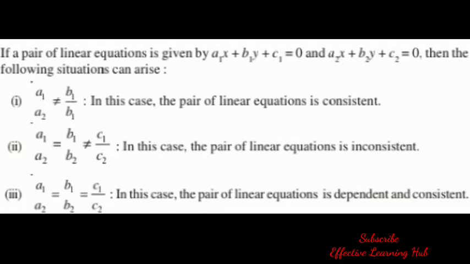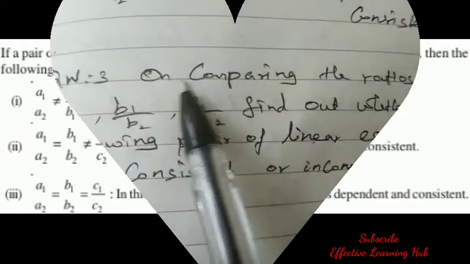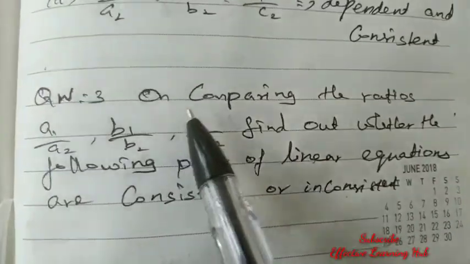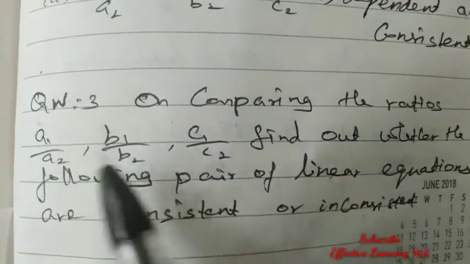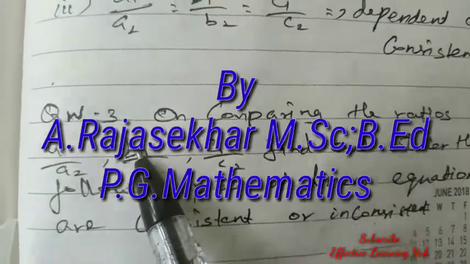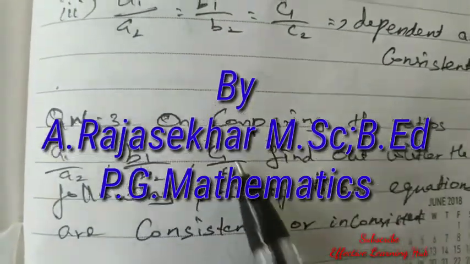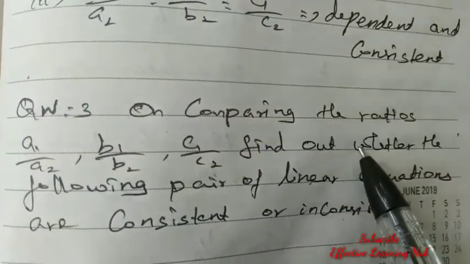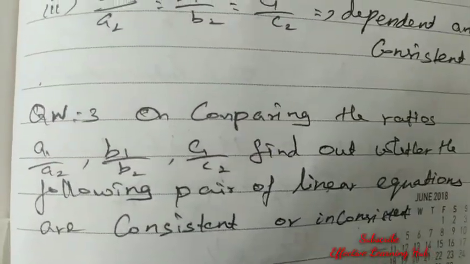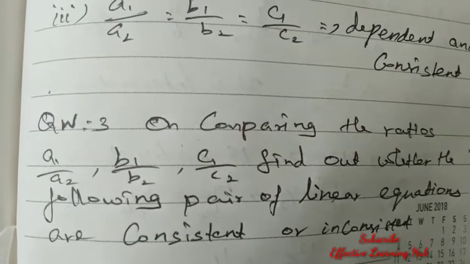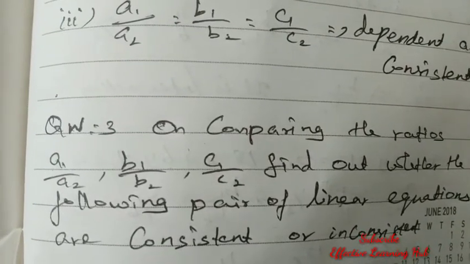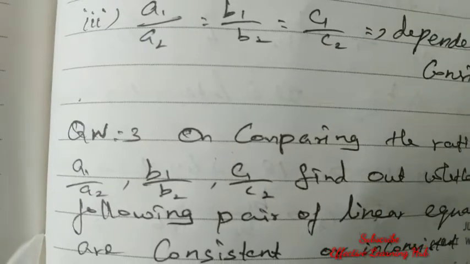Write down the third question. On comparing the ratios A1 by A2, B1 by B2, C1 by C2, find out whether the following pairs of linear equations are consistent or inconsistent.